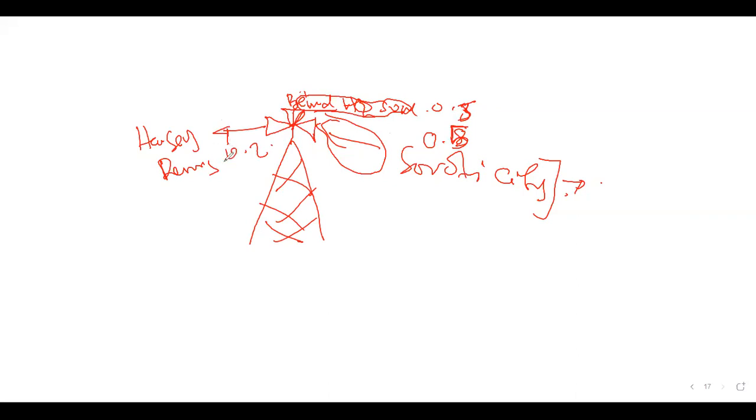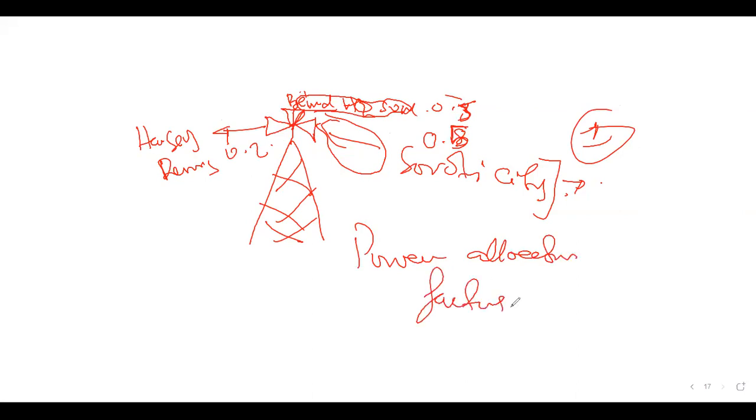So this gives a total allocation of 1. And we can see that our power allocation factors are 0.5, 0.3, and 0.2.